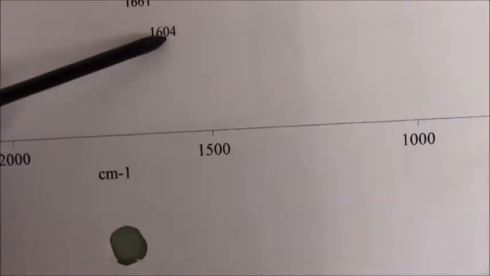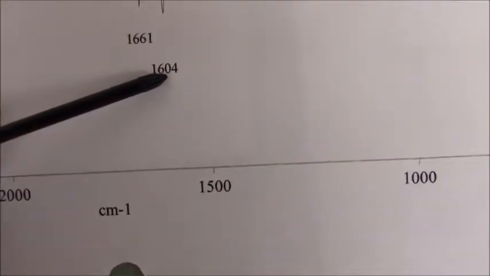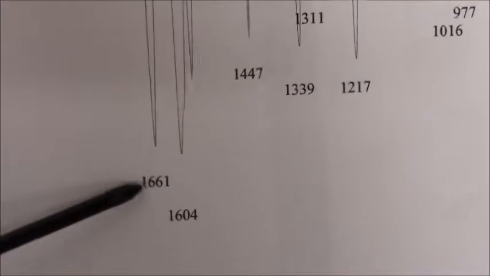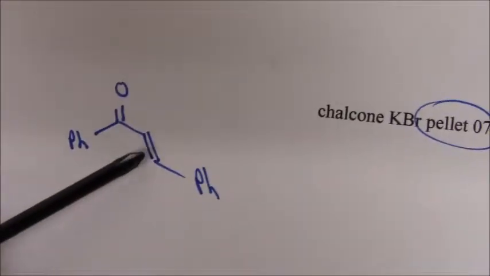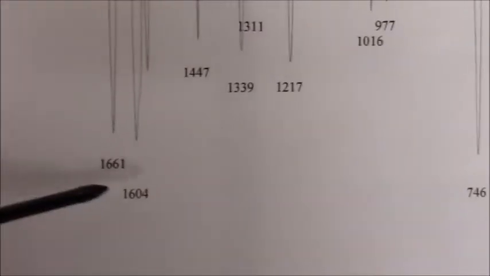The carbonyl stretch, I got it backwards, retract that, 1661 is the carbonyl carbon-oxygen double bond stretch. This nice peak at 1604, quite prominent, very, very likely to be the carbon-carbon double bond stretch, that one right there.